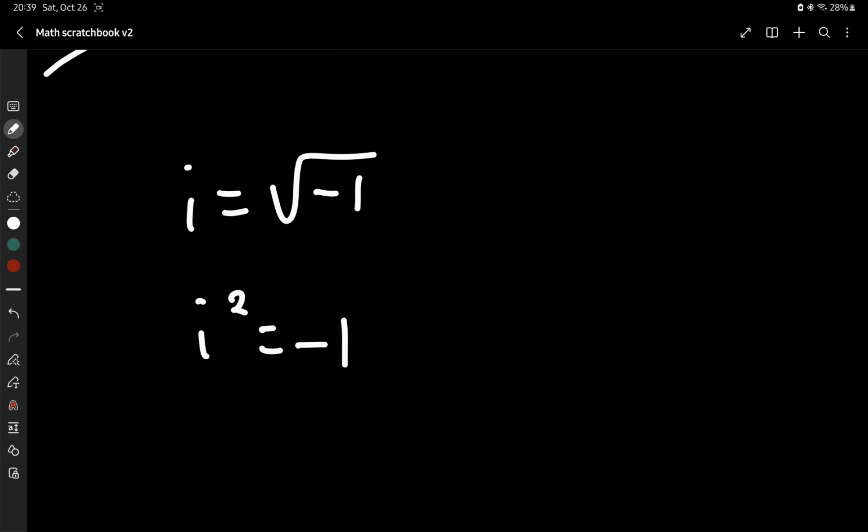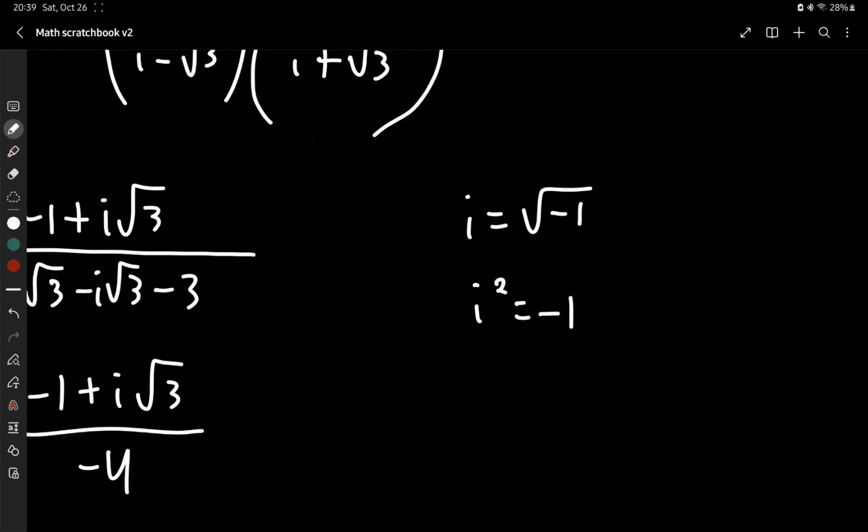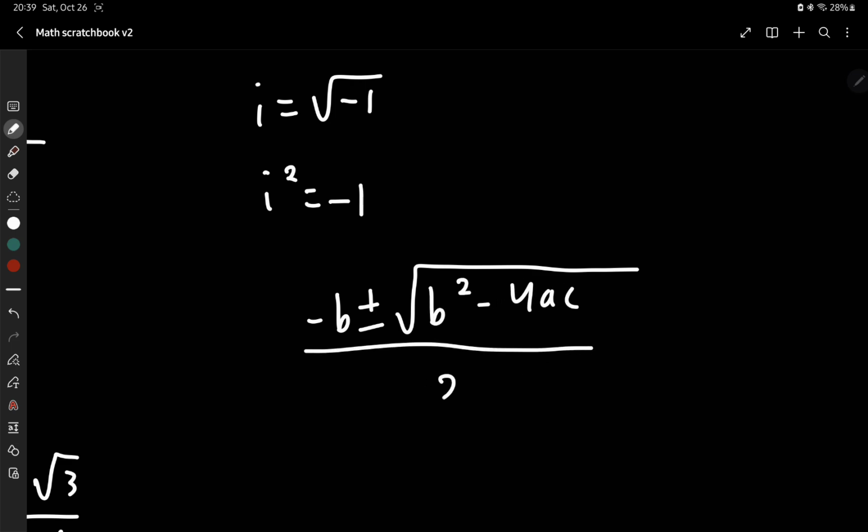And this ties into discriminants and quadratics. So I'll give a short overview of this. When we get the discriminant of a function, remember the quadratic equation is -b plus or minus the square root of b squared minus 4ac, over 2a.